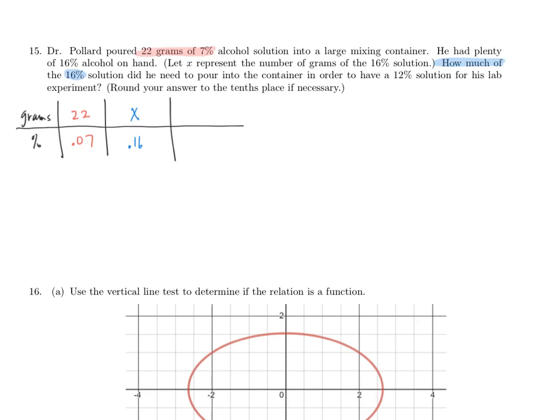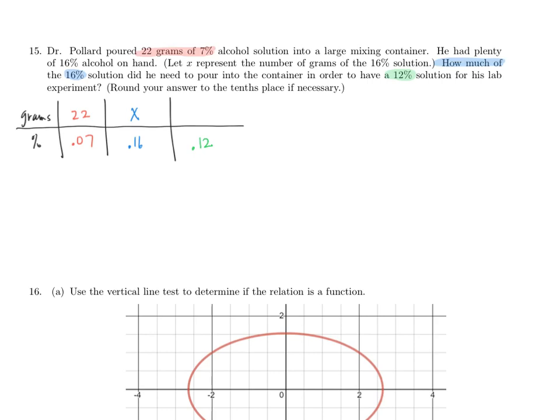And now we're going to look at the total. So these are the mixtures. He's mixing the red plus the blue, and he's going to get the green, as I'm going to write it in green. So our mixture needs to be 12%. And we don't know how much he mixed there either. Now, if he used 22 grams of red and X grams of blue, and he's mixing them together, we can find the total by simply adding those two together.